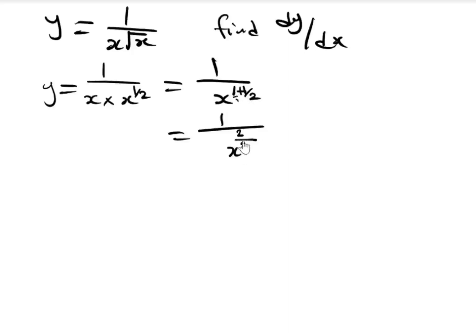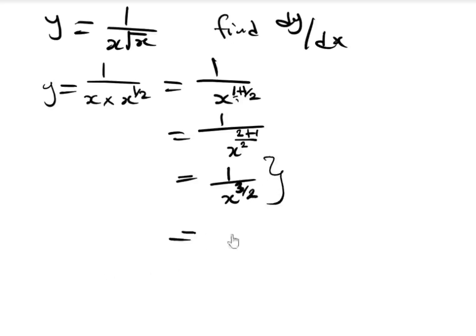Then 2 divided by 2 will give me 1 plus 1. So this is equal to 1 into x. 2 plus 1 is 3 divided by 2. Therefore, we can differentiate this expression now.